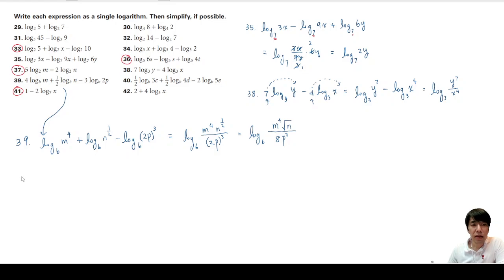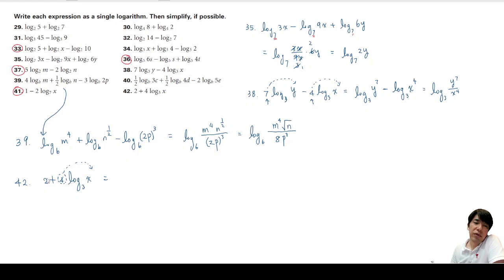Okay, and 42. Okay, 2 plus 4 log base 3 of x. So basically you can get rid of this number as before by moving that over to this over here as an exponent to x.